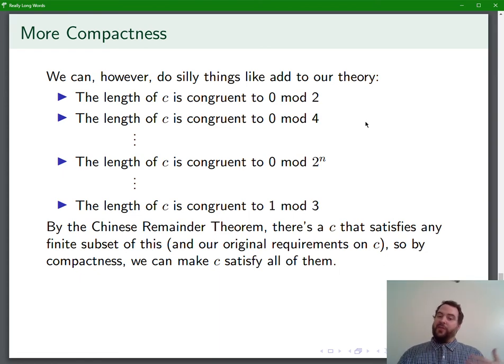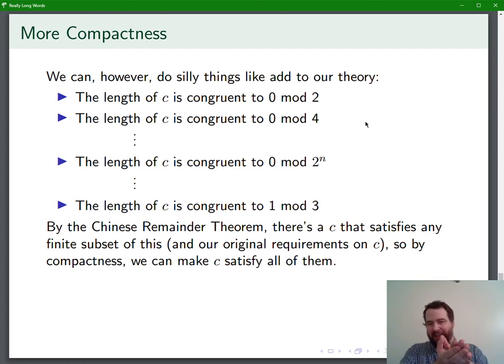We don't have to. There's lots of different choices that we can make on C, and you can use this to produce a whole bunch of non-isomorphic, non-standard models, which is really cool. But I just think it's really cool that we can produce these sorts of silly remainder tricks where everything is finitely consistent.